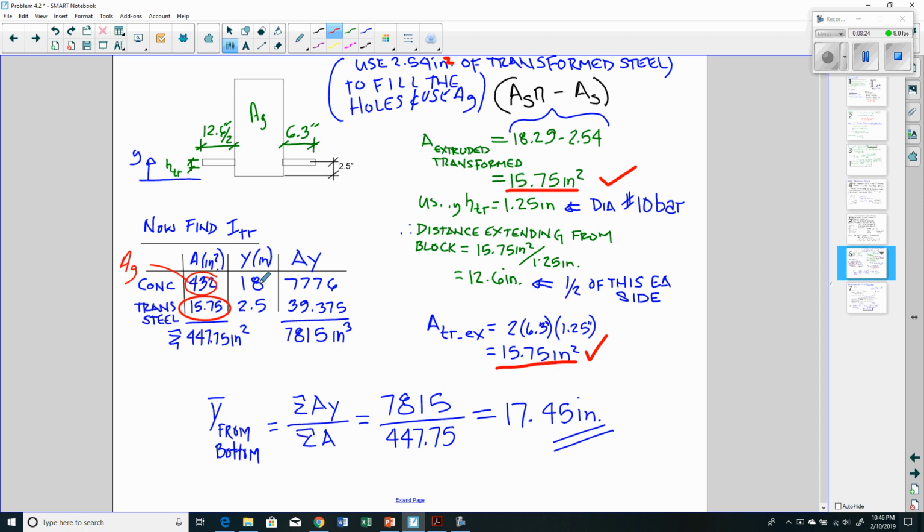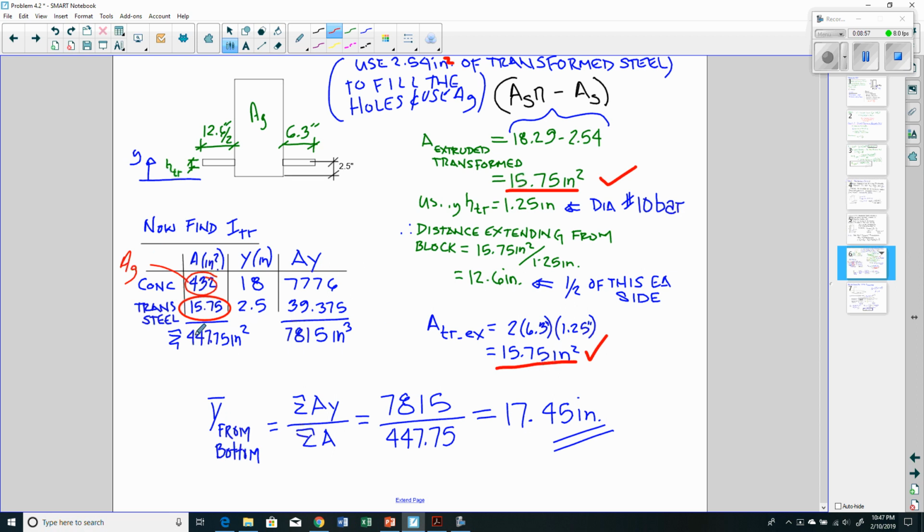The Y distance for the concrete gross section is 18, because this was a 36-inch section. And then our transform steel is 2.5 inches from here. Our area, so this area is what's left, this 15.75 multiplied by Y gives us 39.375. The gross section area times its distance to its neutral axis from the bottom is 7776.